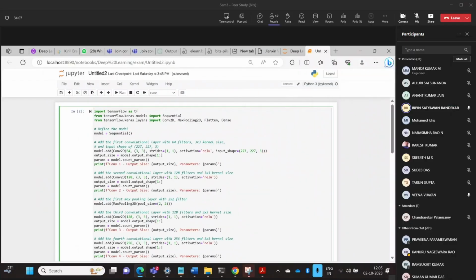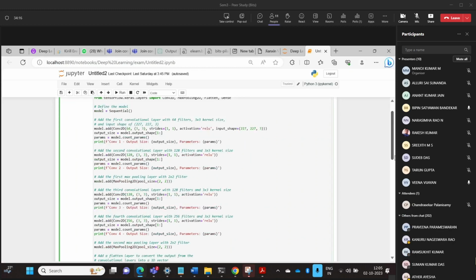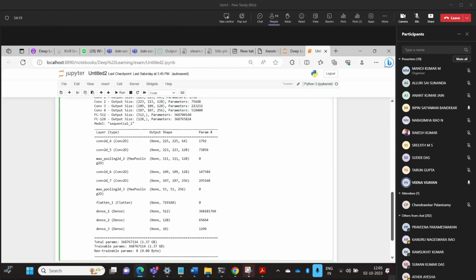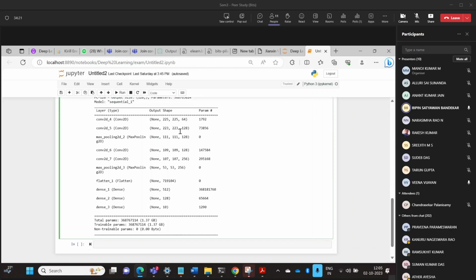So the output is 227 cross 227 cross 64 for the first convolution. Okay, so no padding is added. Sure, then I think it's the same. Not same. What is the actual default mode?